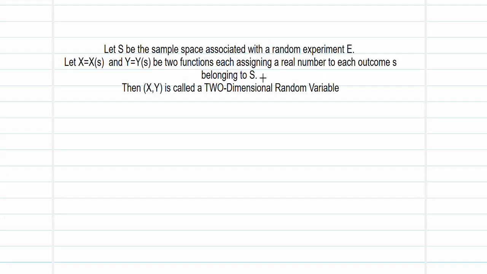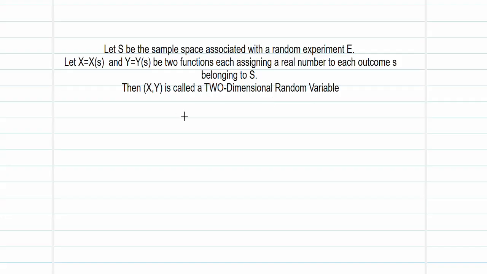If these two functions each assign a real number to the outcome s that belongs to the sample space, then the ordered pair (x, y) is called a two-dimensional random variable.